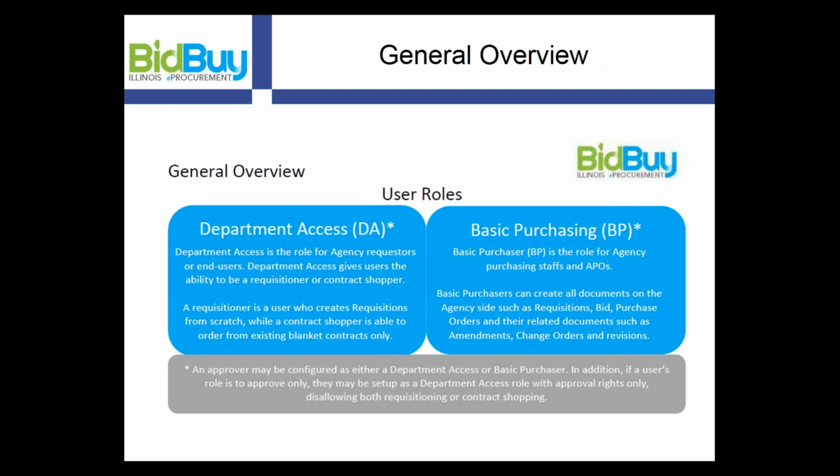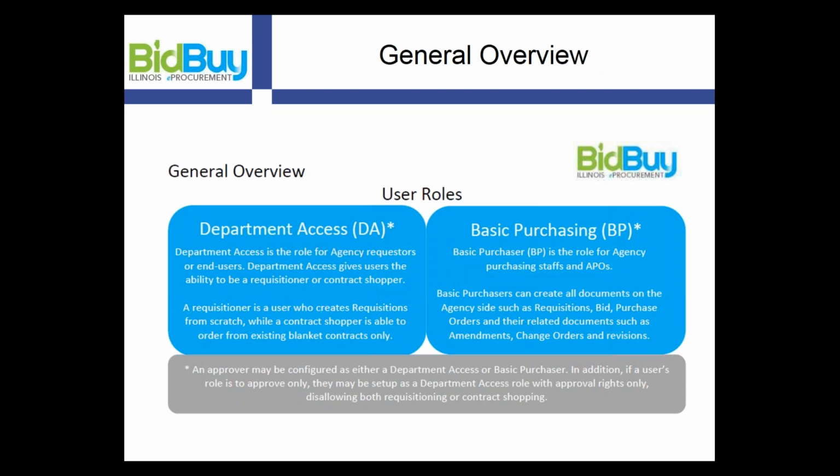There are several different user roles that you will see most often in your agency: a department access role, which is basically a requisitioner or contract shopper role. And there will also be a basic purchasing role. This will basically do everything from creating all documents within the system from scratch through purchase order.